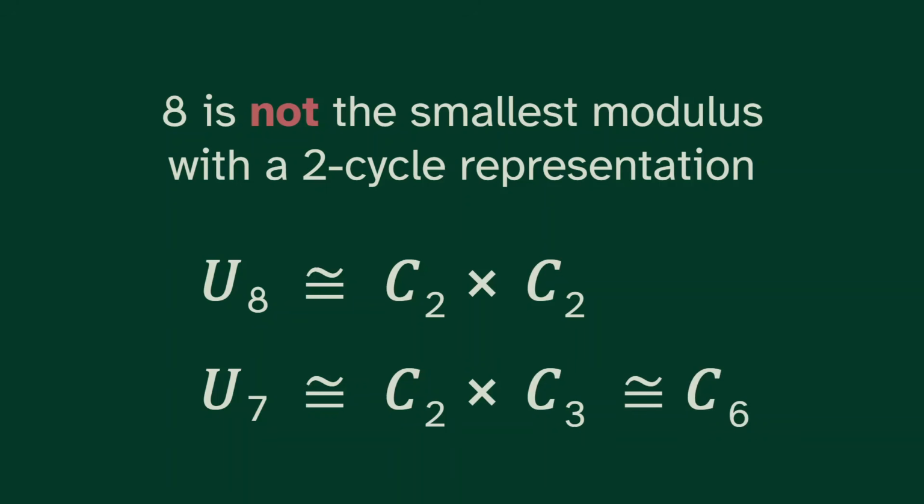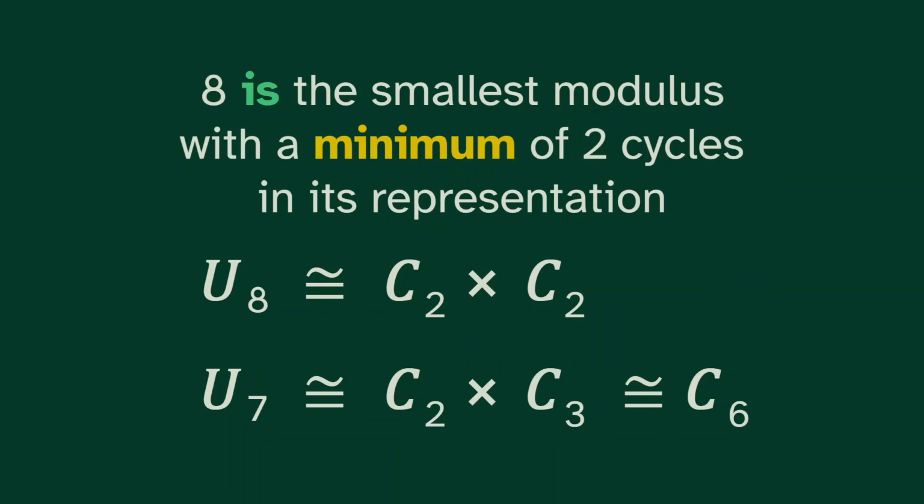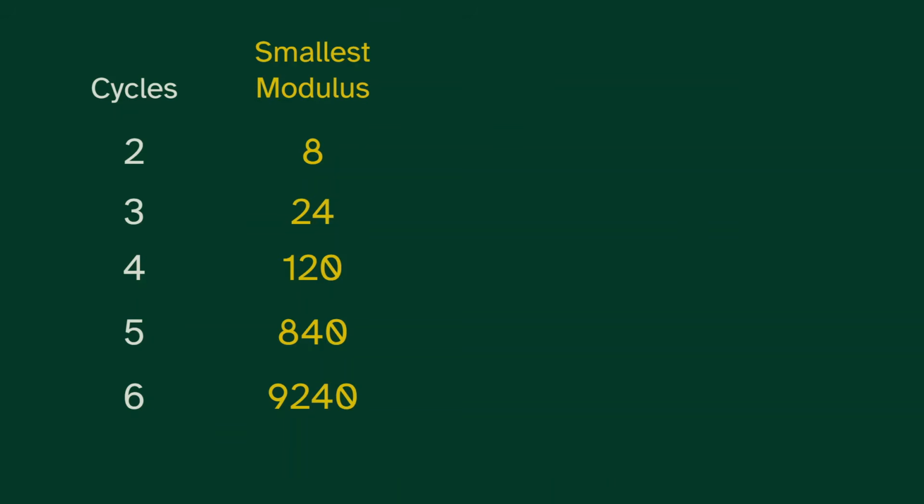So U7 can be represented either with 1 or with 2 cycles. Maybe more accurately, 8 is the smallest modulus with a minimum of 2 cycles in its representation. And so this table is not the smallest modulus using that number. It's the smallest using the minimum representation for that number.